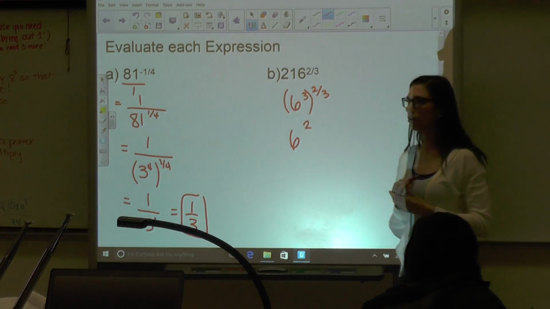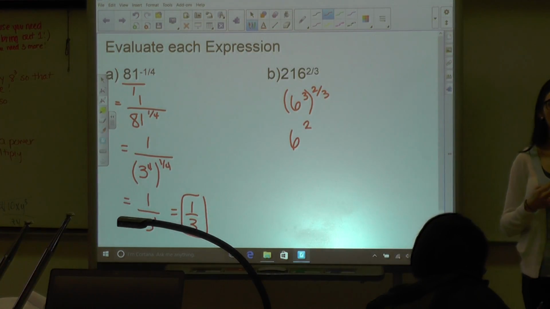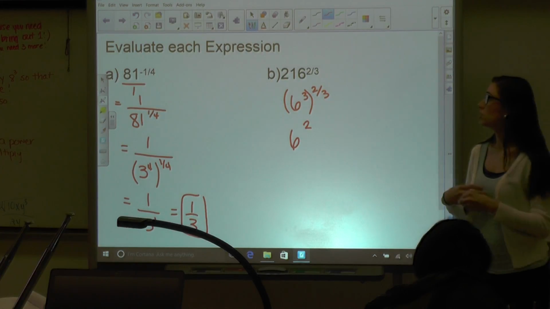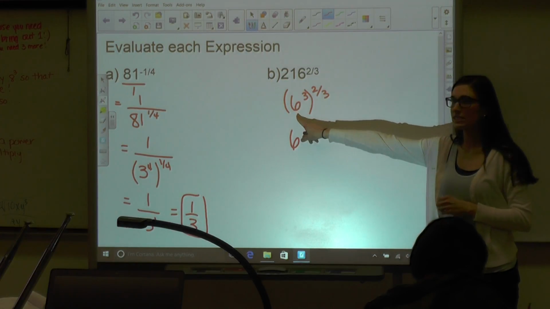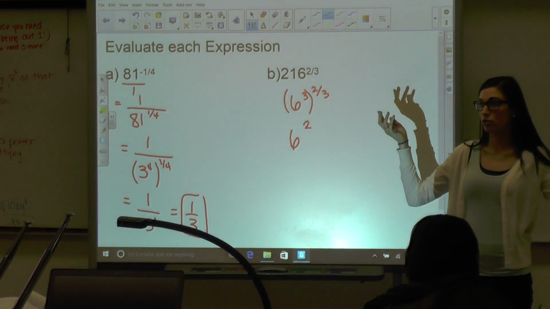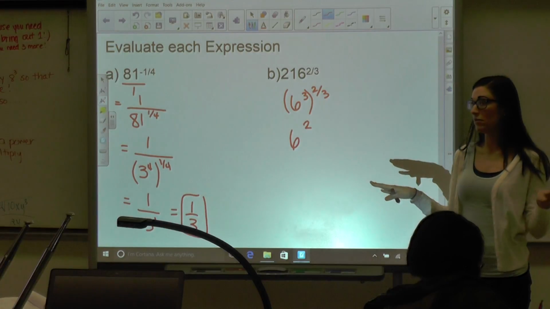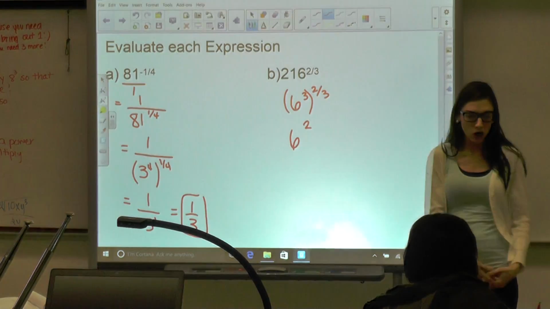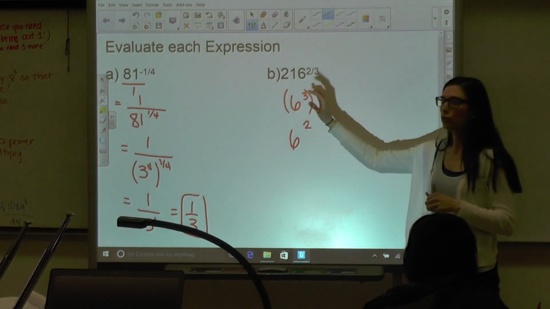So 6 squared. Hold up. Where'd I lose you? Are you good? Are you sure? Speak now, forever hold your peace. Okay. So we changed 216 to 6 cubed to try to make it smaller, because I don't know what 216 to the power 2/3 is in my head. I'm good, but I'm not that good. So I'm trying to simplify it to something smaller that we'll be able to work with.